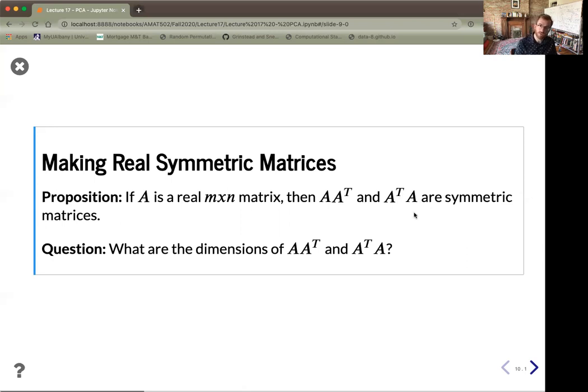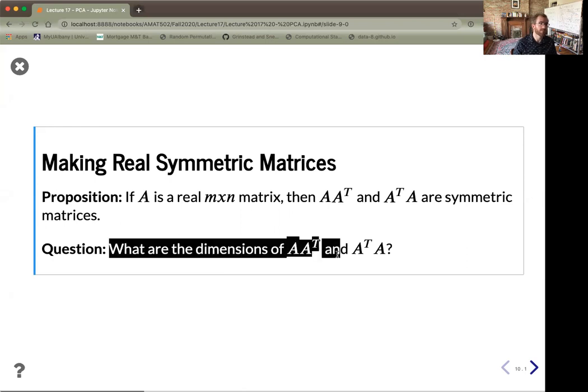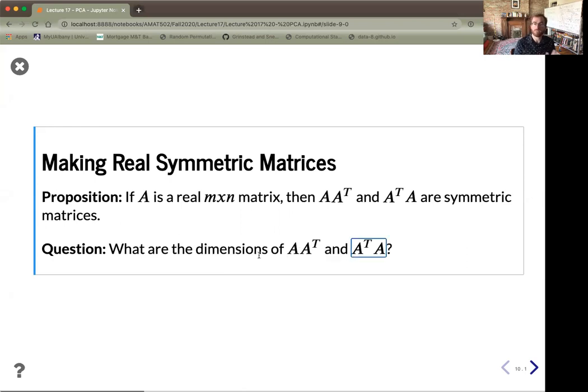Just real quick, to make sure you're following along, what are the dimensions of these matrices? What happens when you multiply these matrices together? I want you to think about that for just a few seconds. Okay, so basically, if A is m by n, then A transpose is going to be n by m.